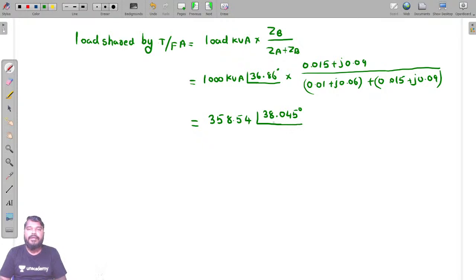So this is the load shared by transformer A. Have we got it, Nageshwar? Very important formula from the GATE point of view.